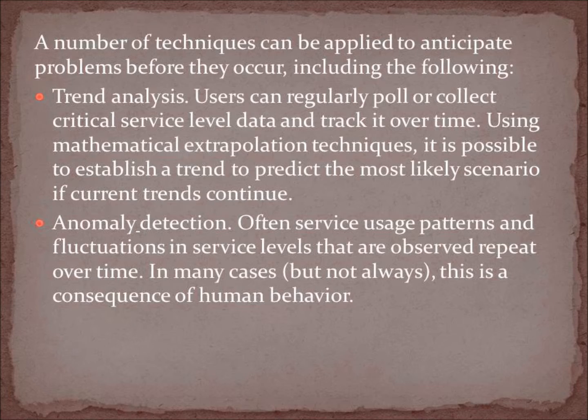Second, anomaly detection. Often service usage patterns and fluctuations in service level that are observed repeat over time. In many cases, but not always, this is a consequence of human behavior.